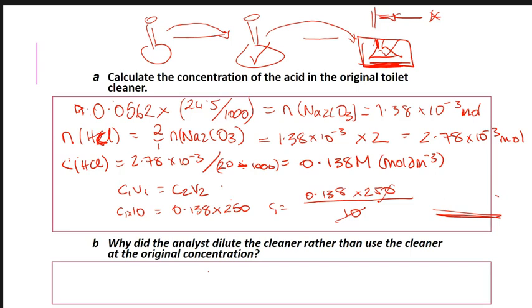So it'd take much longer to be able to titrate that original sample. So what they've done is diluted it in order to make the analysis easier and make the volumes within around a 20-25 mil range, which is where we usually want to be for a titration.